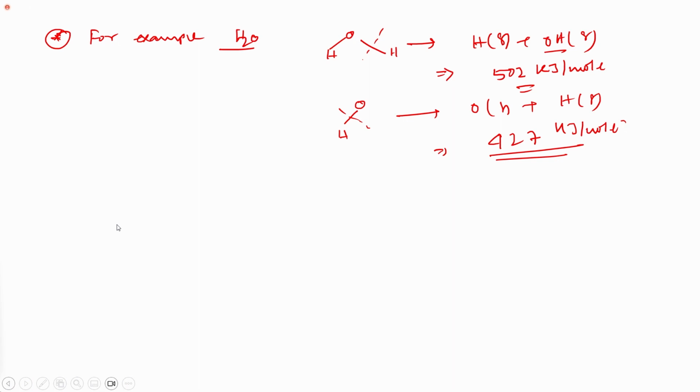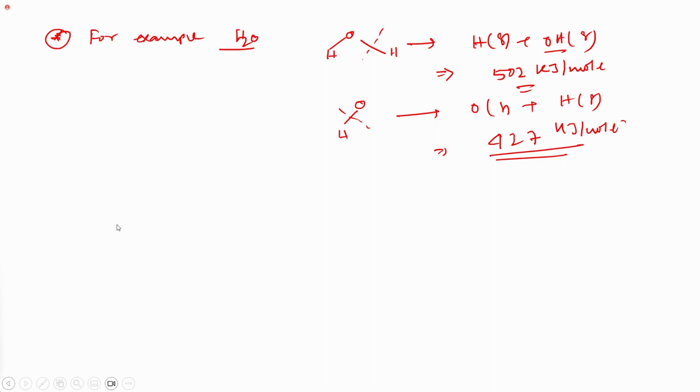For the first OH bond broken, we need 502 kilojoules per mole. But for the second OH bond, we need 427 kilojoules per mole. So from the bond enthalpy value, we can easily say that the two OH bonds are not similar; they are different.